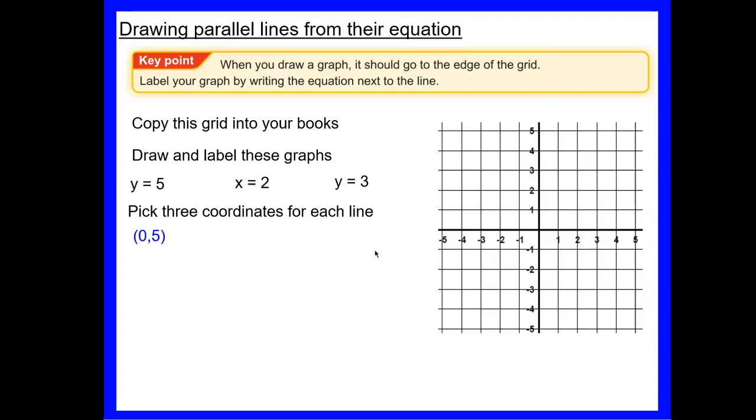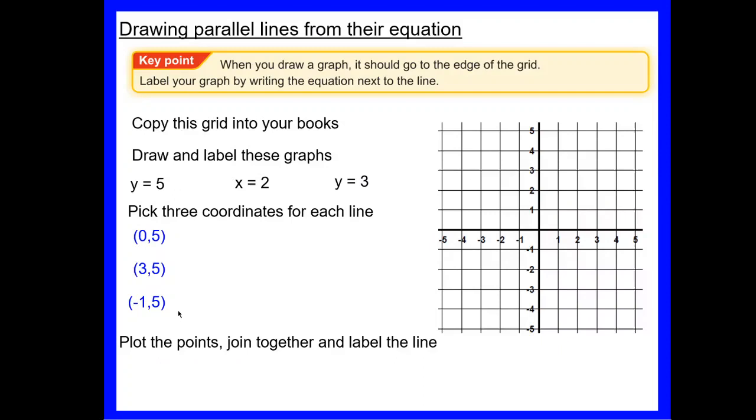So I'm going to pick (0, 5), (3, 5) and (-1, 5). Now you could always pick 3 different ones, but I've chosen those. So I'm making sure that the y coordinate is 5 for each of the ones I've chosen.